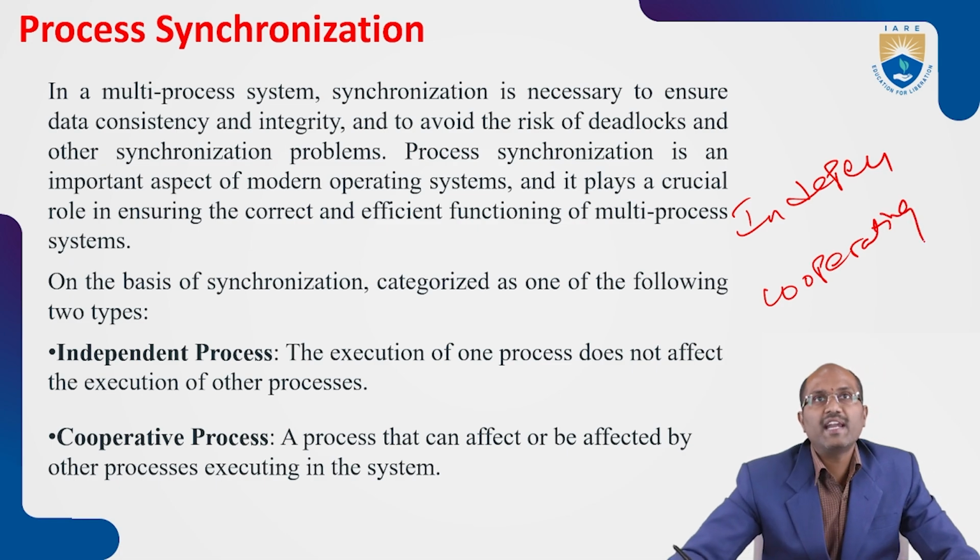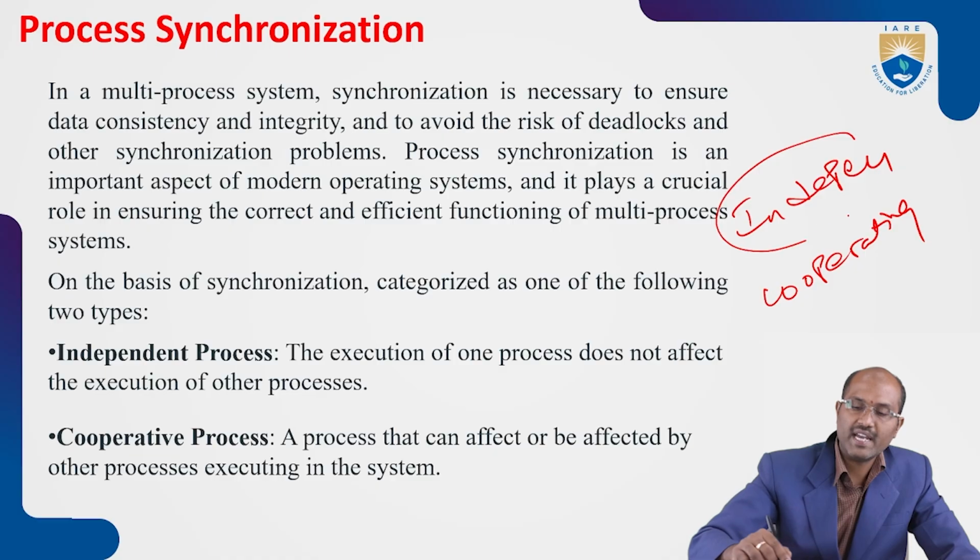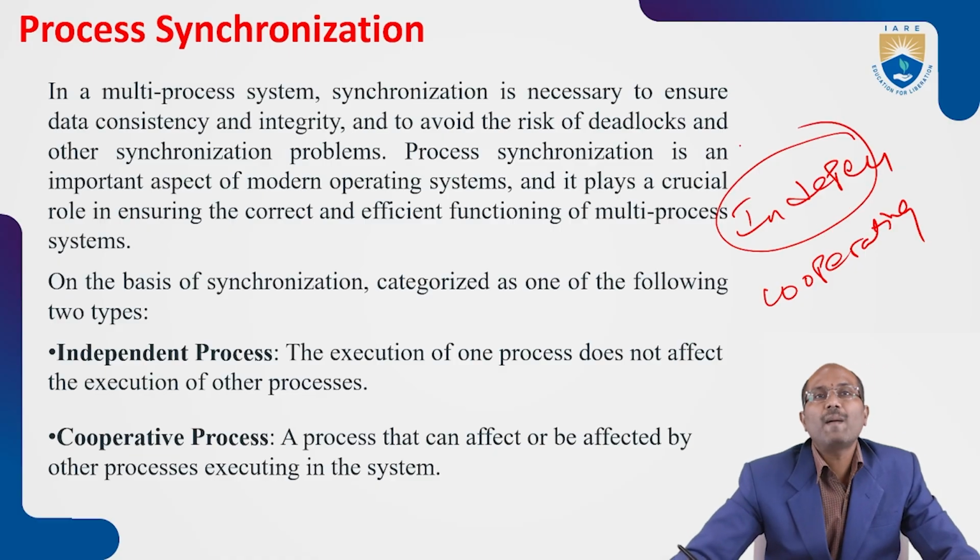In an independent process, the execution of one process does not affect the execution of other processes. A cooperating process is a process that can affect or be affected by another process executing in the system.